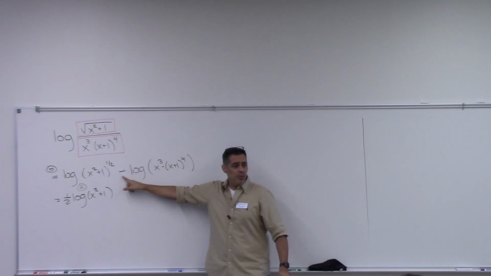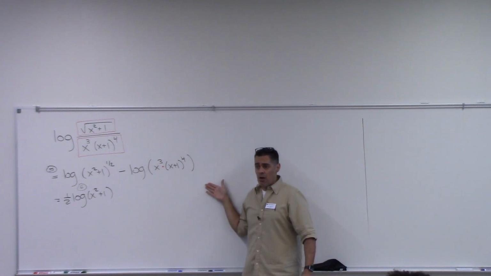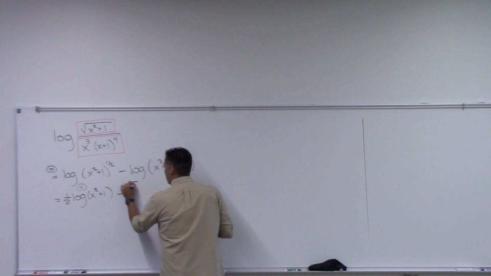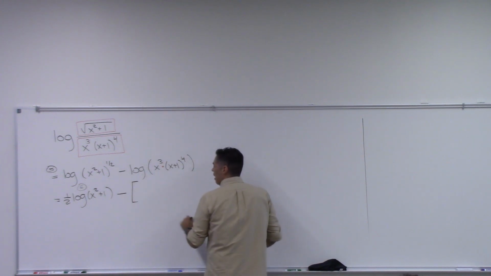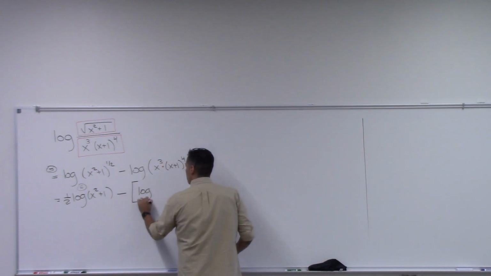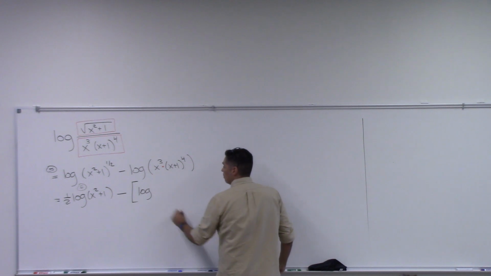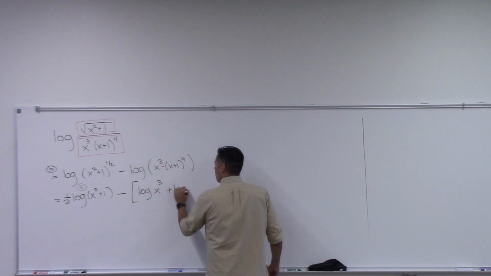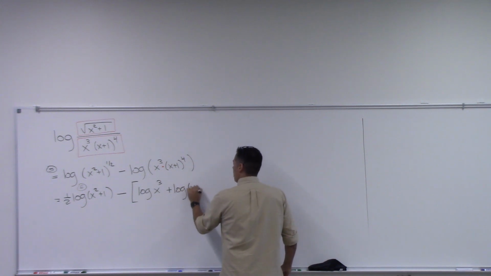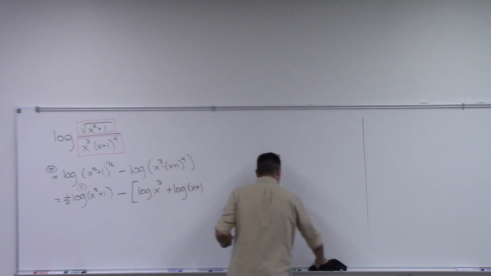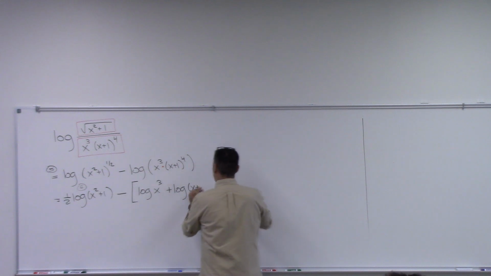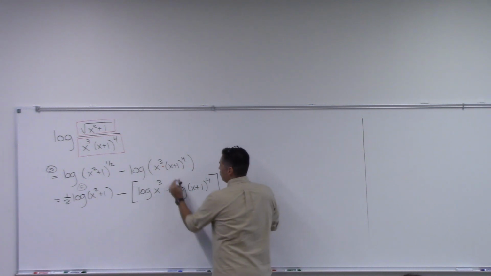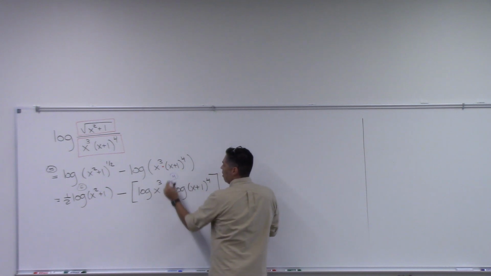And so that negative would be applied to both of those new logs. So when I write this, watch the way I do it. I'm going to do minus, and I'm going to put a bracket so I don't screw it up. And then I'm going to put log of x cubed plus log of x plus 1 to the 4th. For that, I used property 4 on this thing right here.